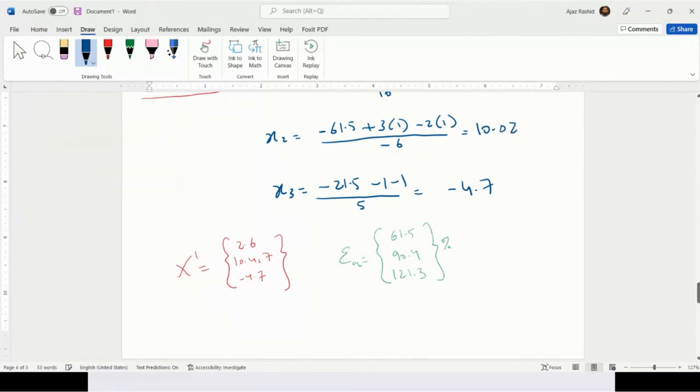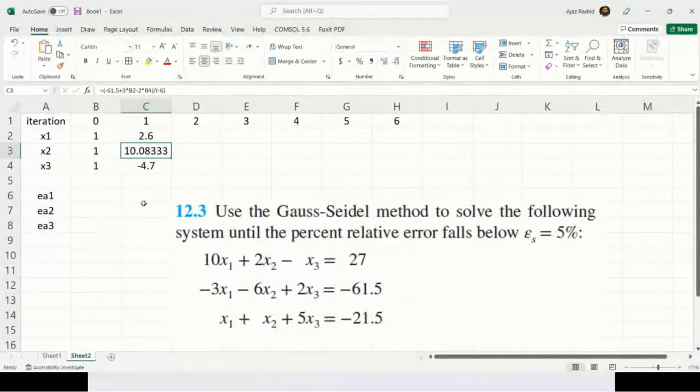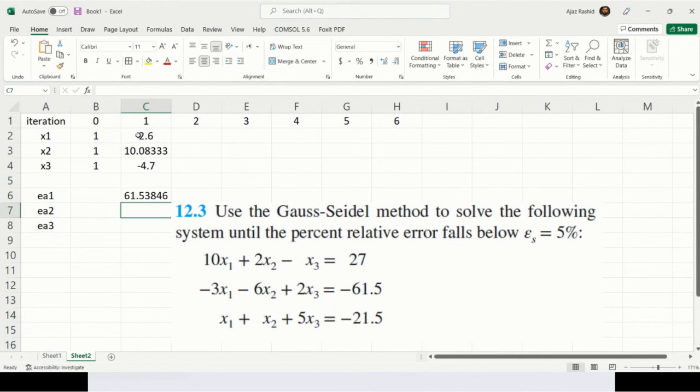So it's going to be 10.083. And then we said we can find the errors as the absolute value of the new value minus the old value, divided by the new value, times 100.